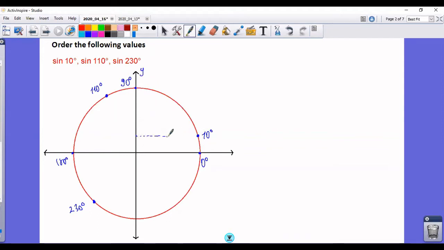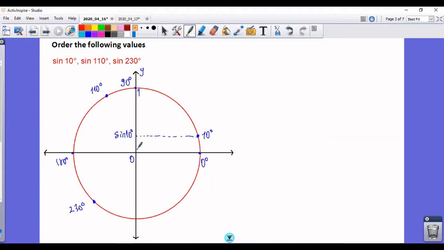So the sine value is the y-coordinate of these points, right? The y-coordinate of this intersection point is going to be sine of 10. If you use your calculator and type sine of 10 degrees, you will see a number between 1 and 0, and it is closer to 0.